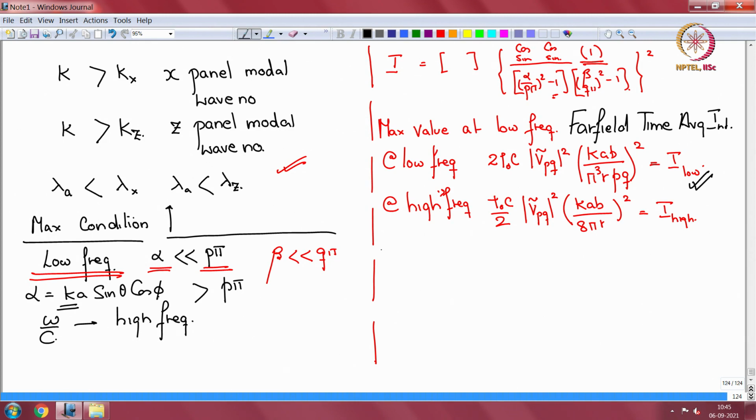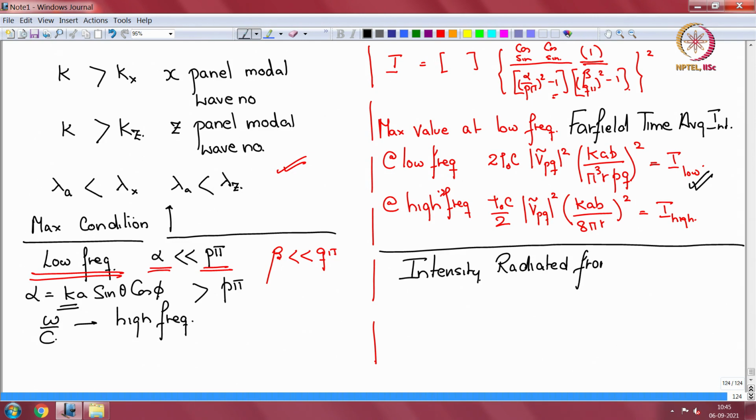Now we will try to compare it with the intensity radiated from a single cell.